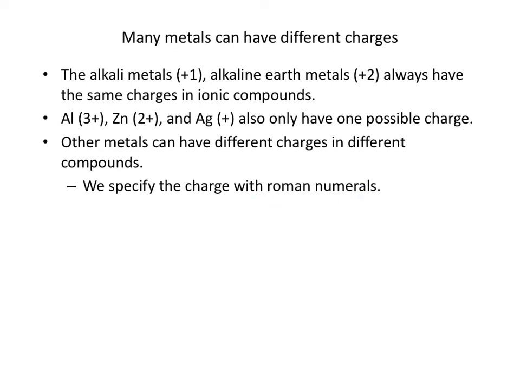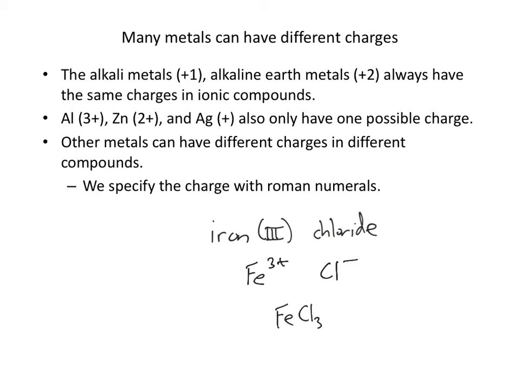And so if I told you that you had iron 3 chloride, what that Roman numeral tells you is the charge on the iron. So that means that we have Fe3+, and chloride is the ion for chlorine. And so then the formula for that ionic compound would be FeCl3.